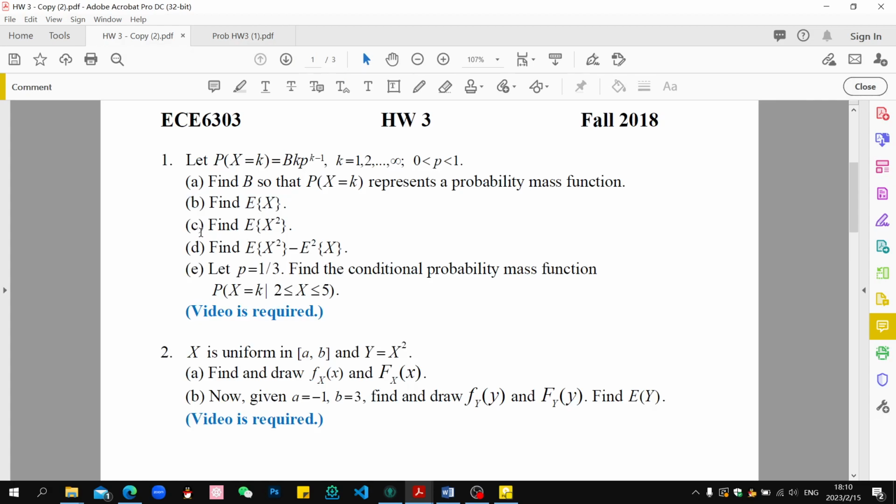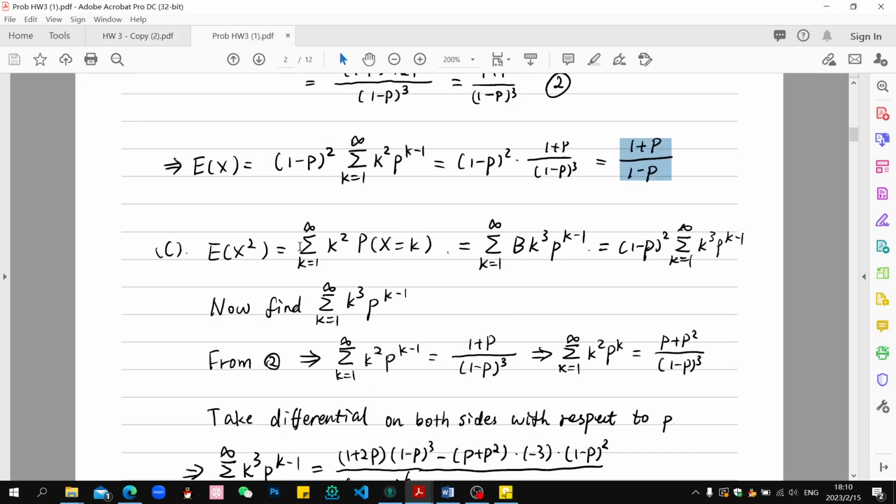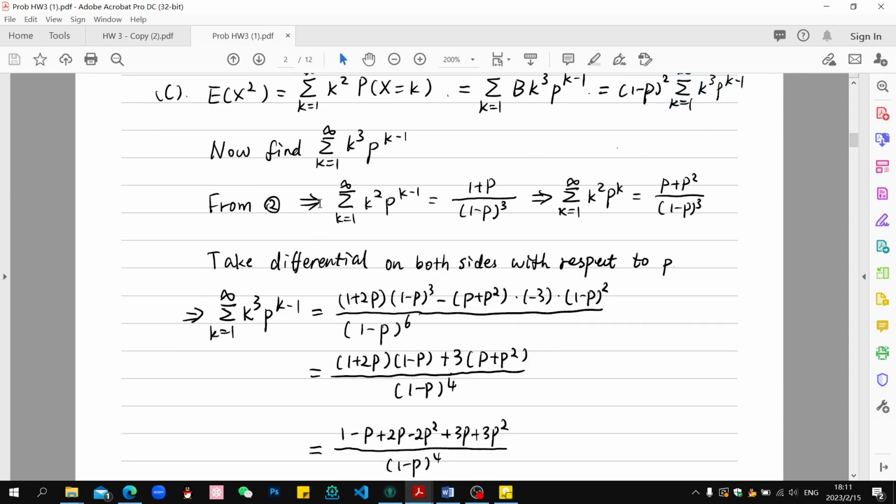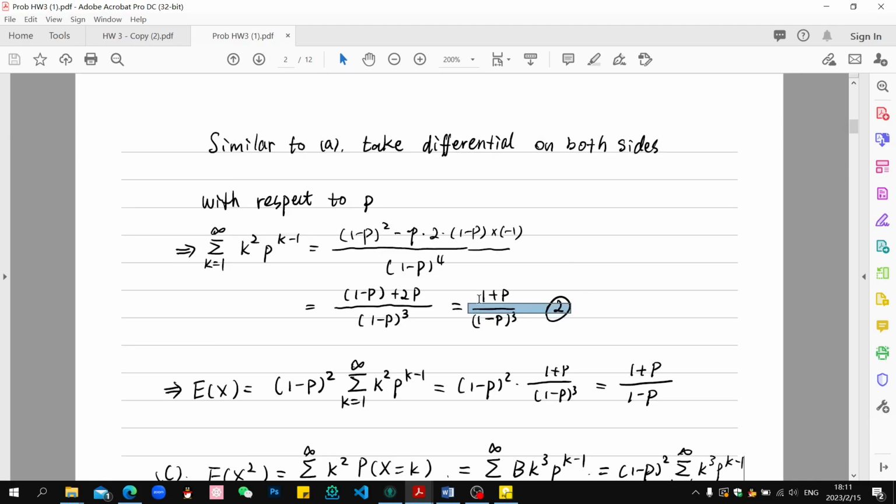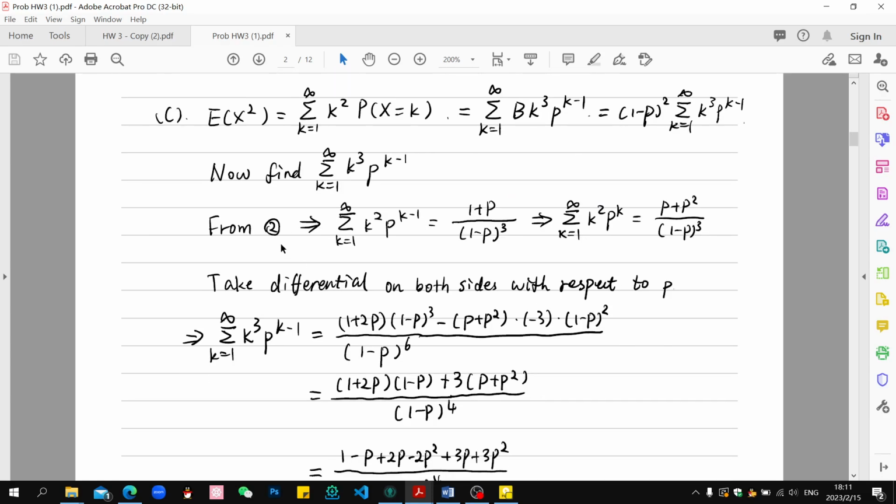And then we have to find the expectation for x squared. Similarly, the expectation is like this, and the sum we're looking for is k cubed times p to the power of k minus 1. So from this formula that I called number 2, we can find that the previous sum is this.